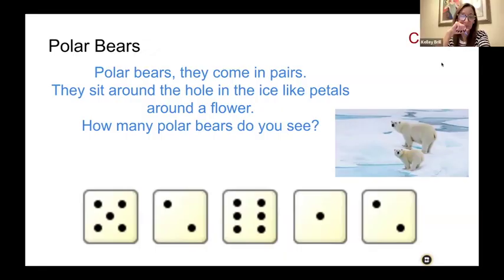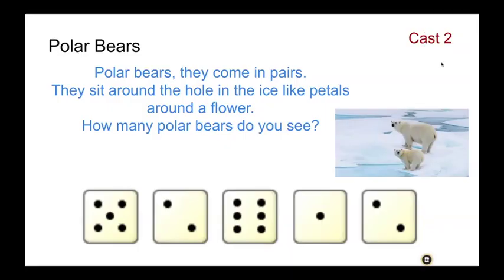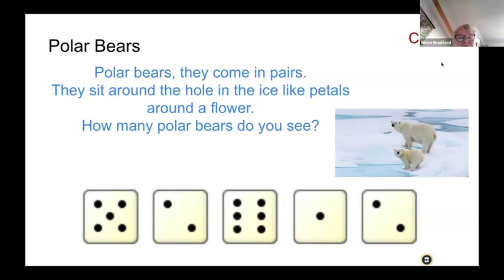So the die with a 6 doesn't have a hole. So what are they? Are they polar bears? Yeah, we're still on polar bears. Okay. So the 6 is not 2 holes in the ice with a polar bear on either side.